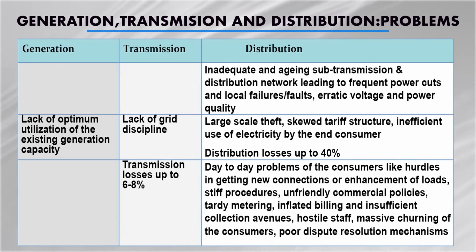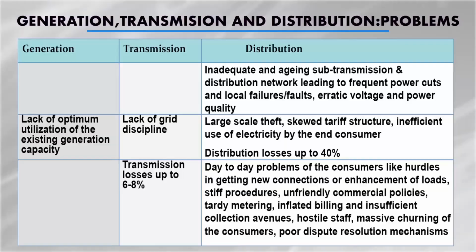So there is an inadequate and aging sub-transmission and distribution network, because we cannot change the transmission or distribution network frequently; a huge investment is required for making the complete power system for the transmission and distribution of electrical power. With aging, what happens is that it leads to frequent power cuts, and local failures and faults can be there.